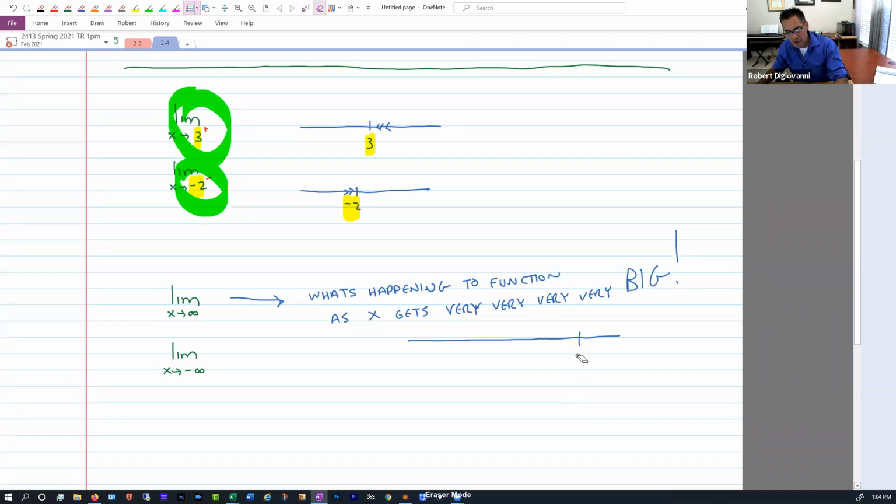But what we can imagine is that the x values that we're plugging in are just going to keep going to the right, bigger and bigger. And what happens to the expression? The only difference with negative infinity is that it's the same thing. We're saying, what's happening as x gets big but negative? I'm not going to write this all out again.